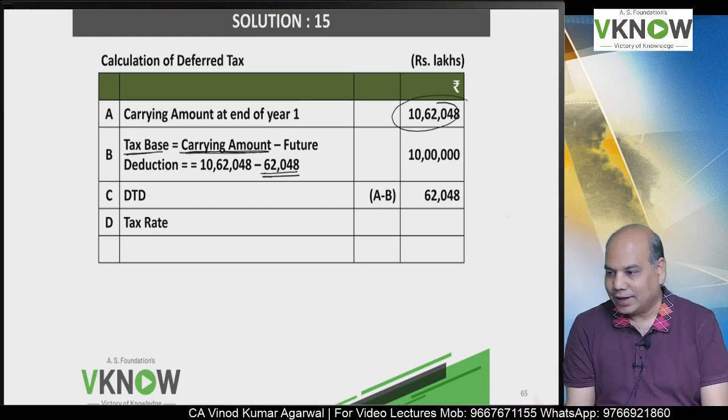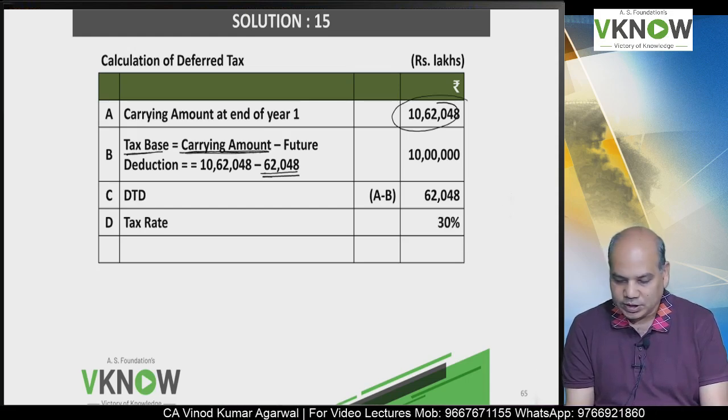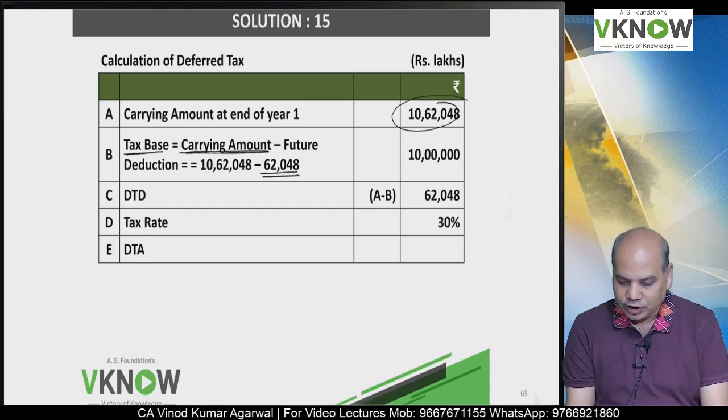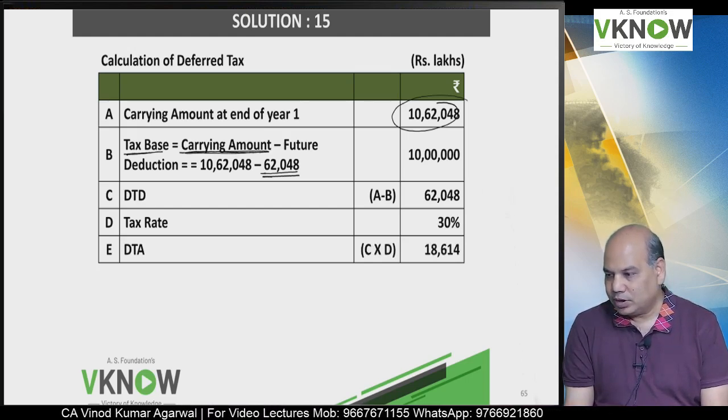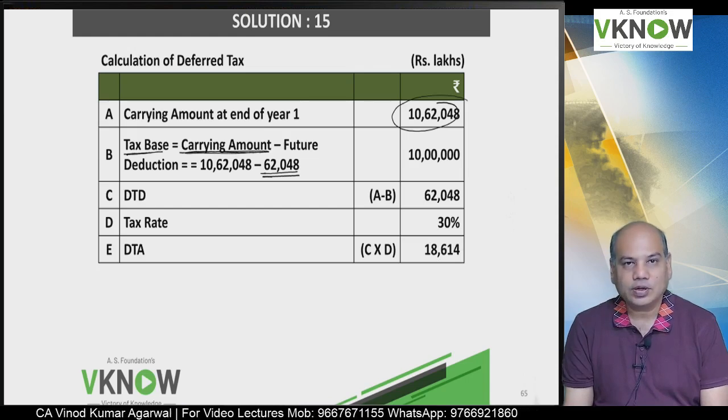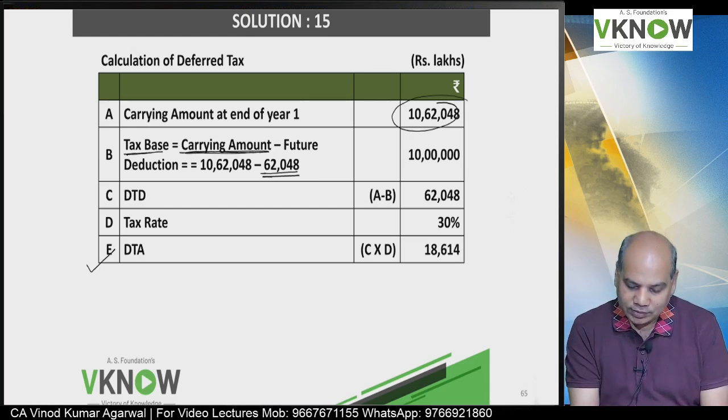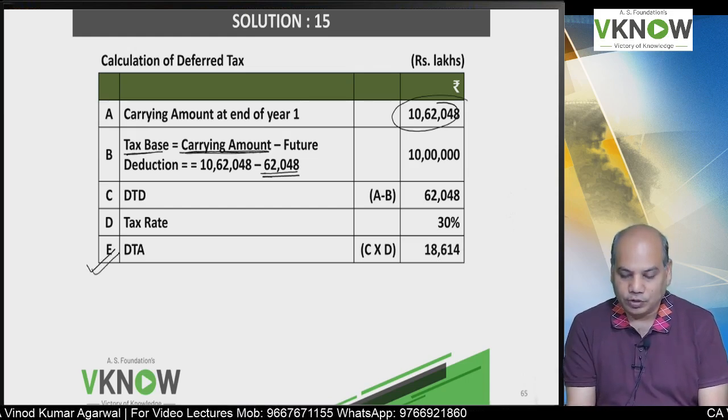Tax rate 30%, and therefore the deferred tax asset will be 18,614.